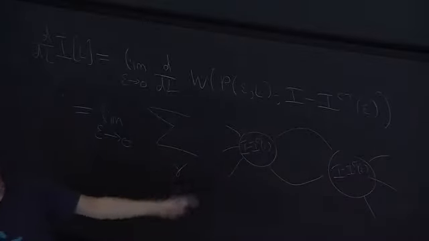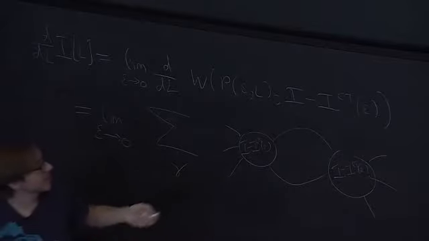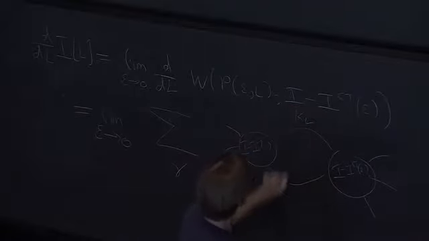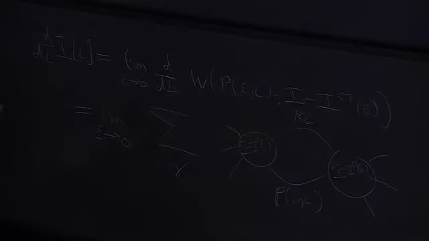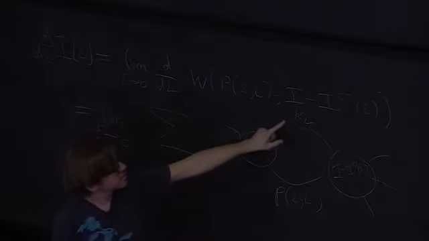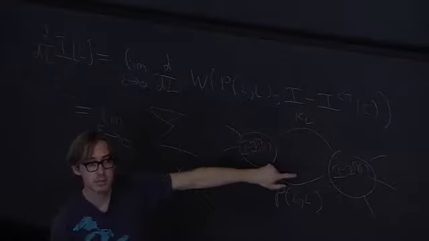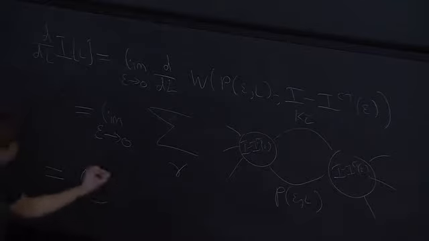The only place there's any L dependence is in the propagator. So if I differentiate the propagator, one edge will be replaced by the heat kernel. Then there are two possibilities: either this is a separating edge or it's a non-separating edge. And we see it's the same.